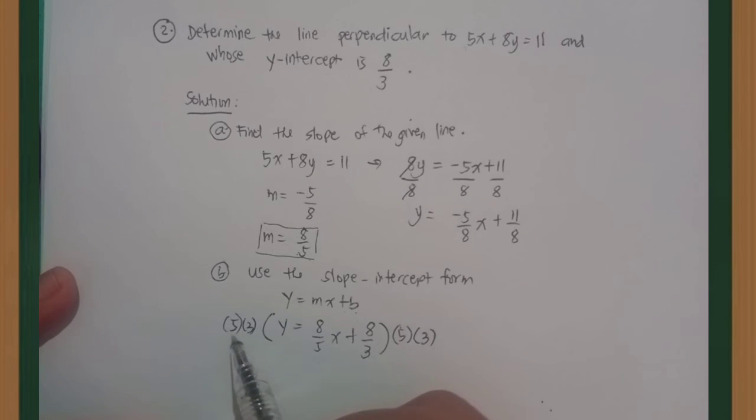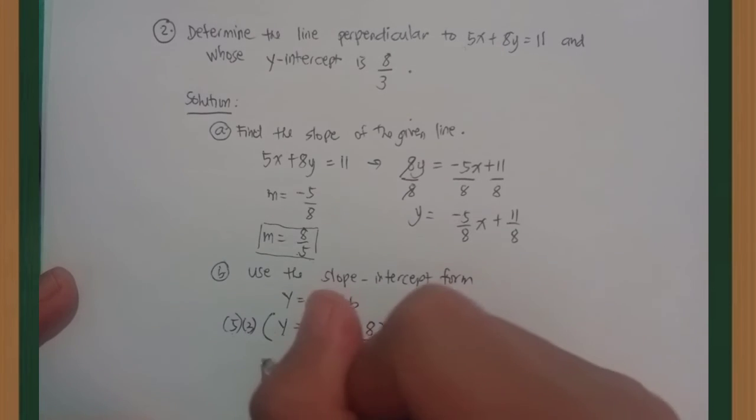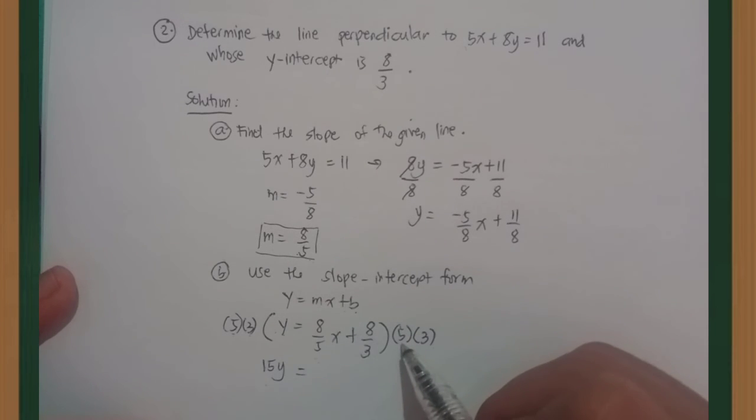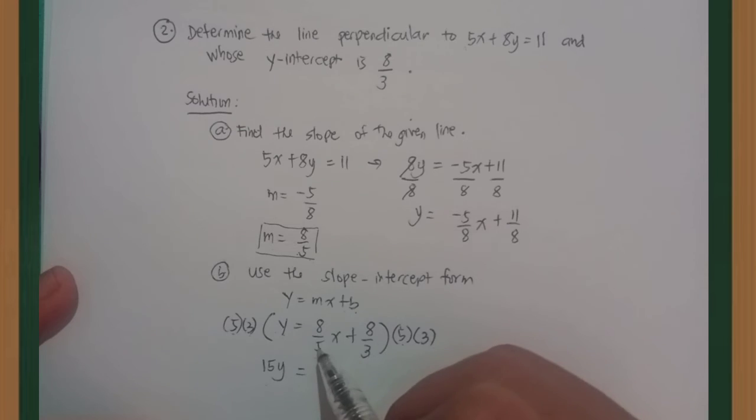Okay? So, 5 times 3 times y. 5 times 3 times y, the answer is 15y. Okay, 15y, correct? 5 times 3, 15. 15 times y, 15y. Next, 5 times 3 times 8 over 5x.